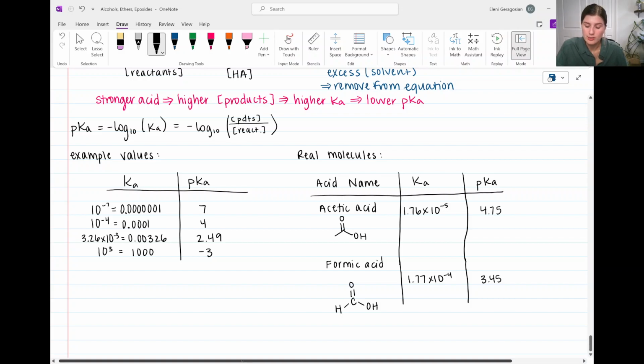So a small change in the pKa values correlates to a pretty large change in Ka values. But again, we use pKa because these are simpler values to work with. Working with something times 10 to the negative fifth or negative 4 or 3.26 times 10 to the negative 3, those are all either really large or really small values. And so comparing using pKa is simpler and more straightforward to work with.